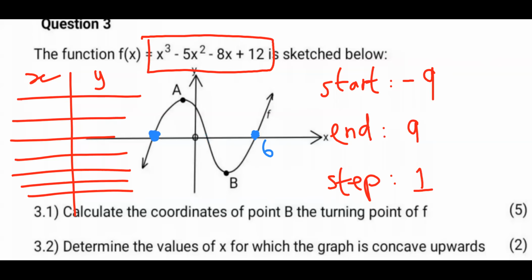Oh, yes, sorry, 1, negative 1, and negative 2. I think 12 is the y-intercept. I was just looking at the wrong number. If you're looking at the y column, y would be 12 where x is 0, so that's the y-intercept, not an x-intercept.